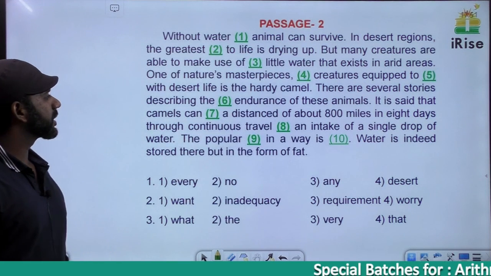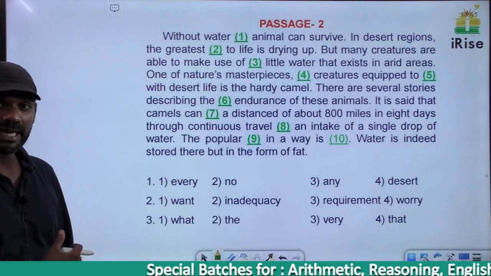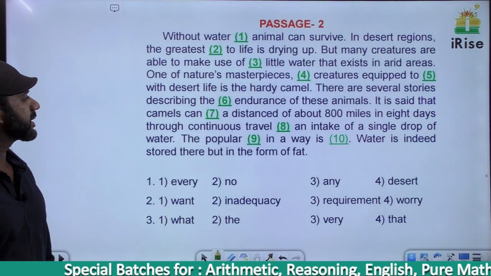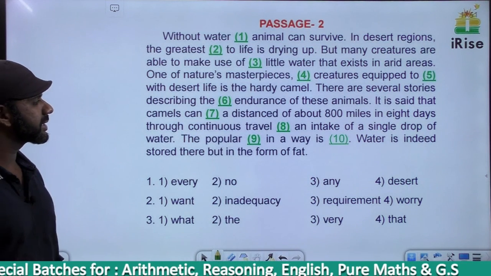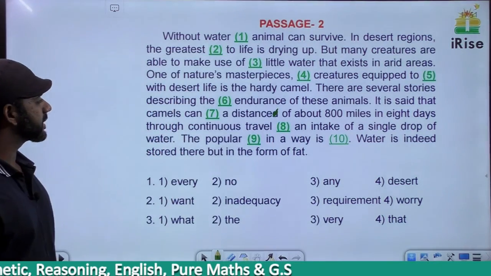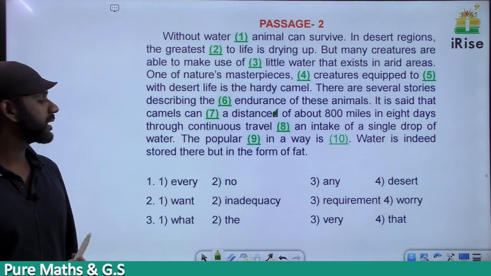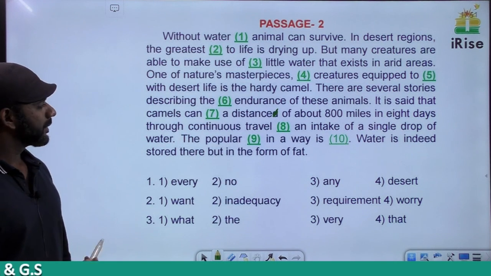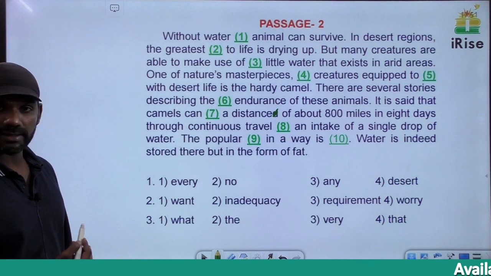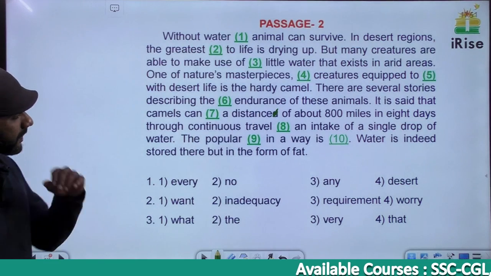There are several stories describing the dash endurance of these animals. These animals means like camels. It is said that camels can dash a distance of about 800 miles in 8 days through continuous travel, dash an intake of a single drop of water. The popular dash in a way is dash. Water is indeed stored there, but in the form of fat.